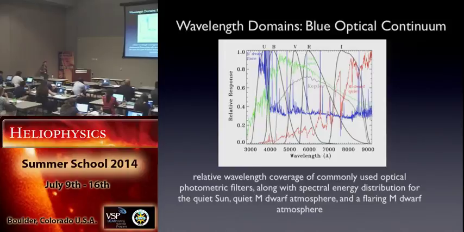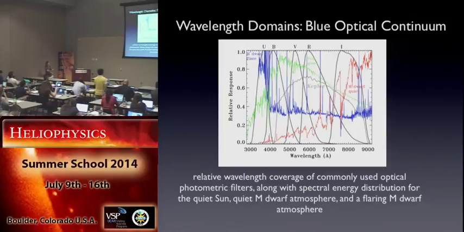This is how Einar Hertzsprung discovered his first stellar flare, and because of the contrast of the flare compared with the underlying stellar atmosphere, the blue optical continuum flares have been studied most from M dwarfs because of this contrast issue, and you can see that demonstrated here.